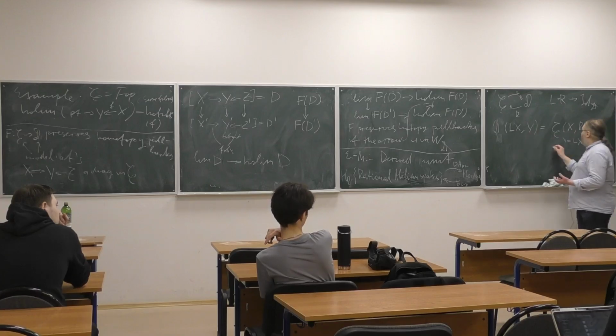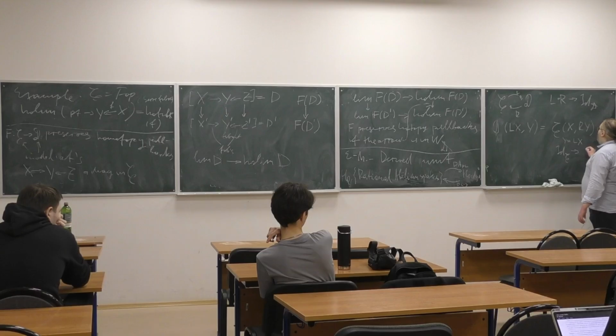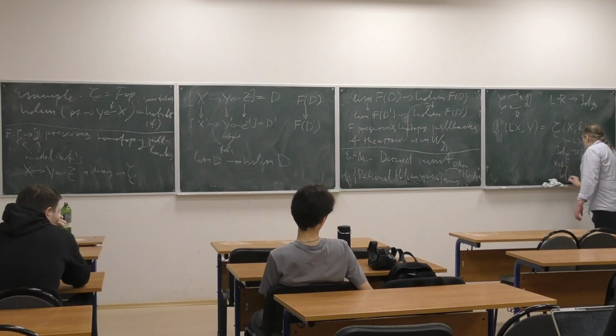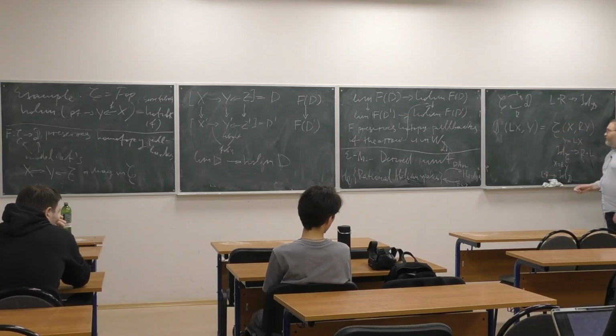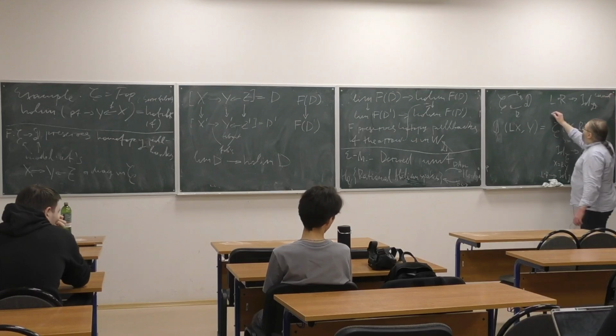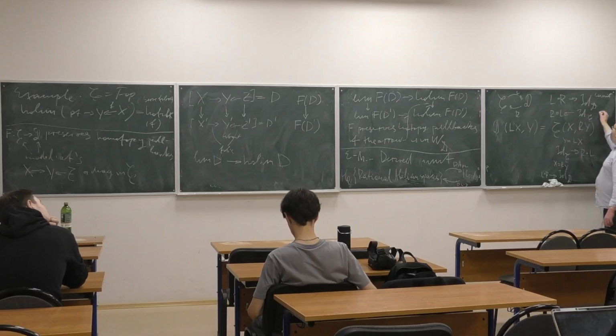So I get a map from the identity of C to, no, the other way around, to R composed with L. And similarly, if I take X equal RY, I get the map from L composed with R to the identity of D. Okay, so we have this map, which is the co-unit, and the other one, first apply L, then R, from the identity to R L, and this is the unit.